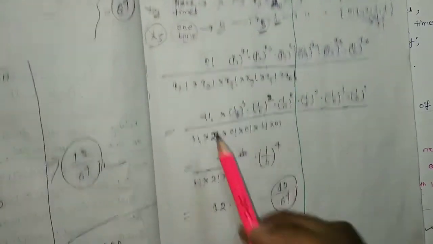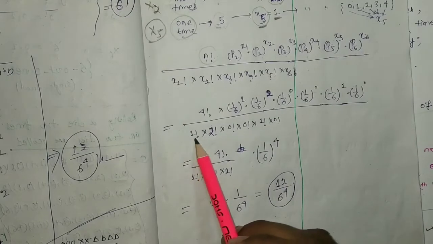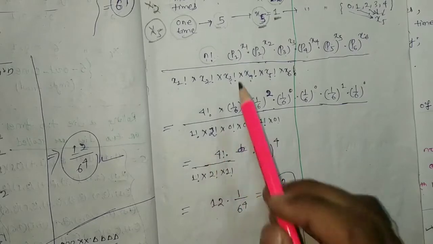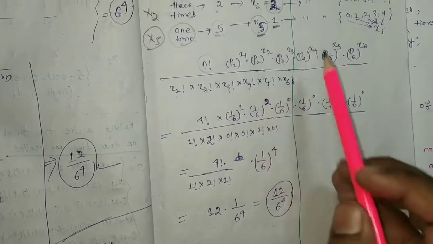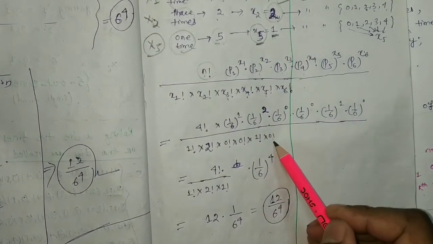So 4 factorial whole divided by x1, which is 1 time, so 1 factorial; x2 is 2 times, so 2 factorial; x3 is 0, x4 is 0, x5 is 1, so 1 factorial; x6 is 0, 0 factorial.